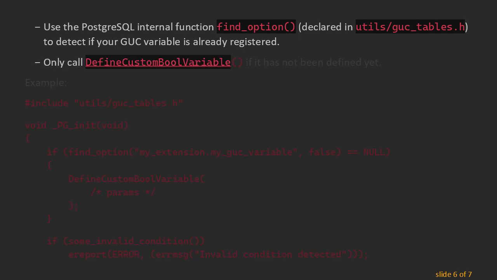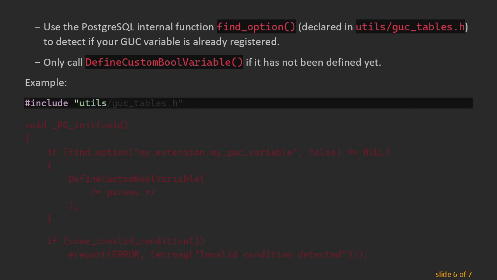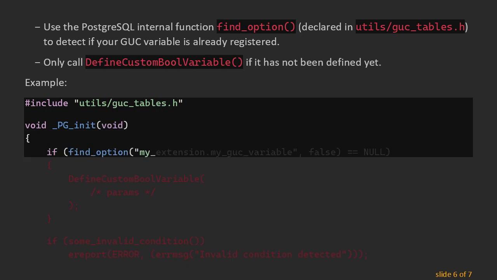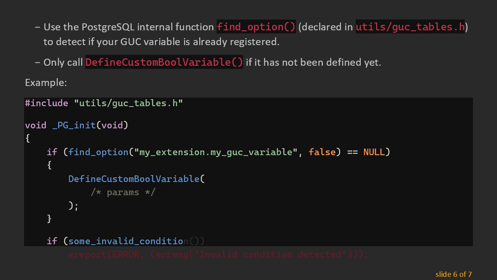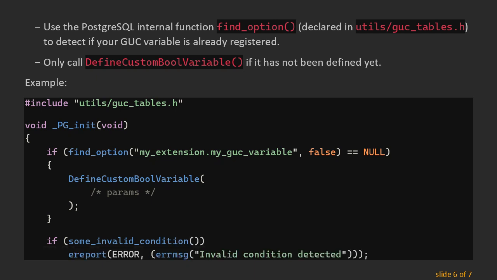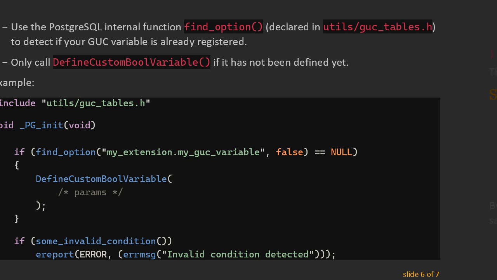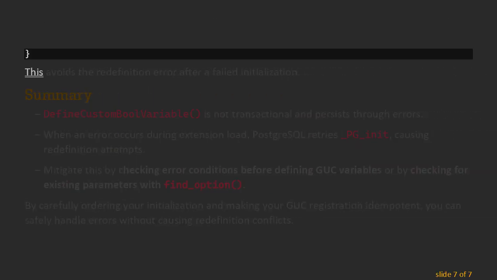Only call DefineCustomBoolVariable if it has not been defined yet. Example: This avoids the redefinition error after a failed initialization.